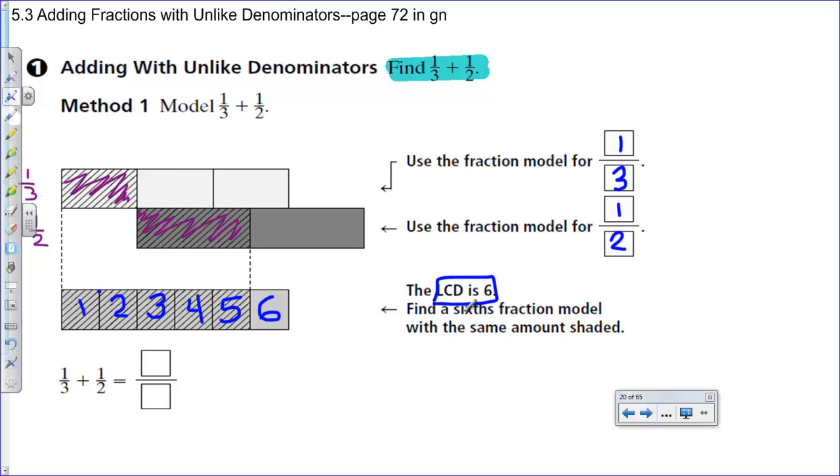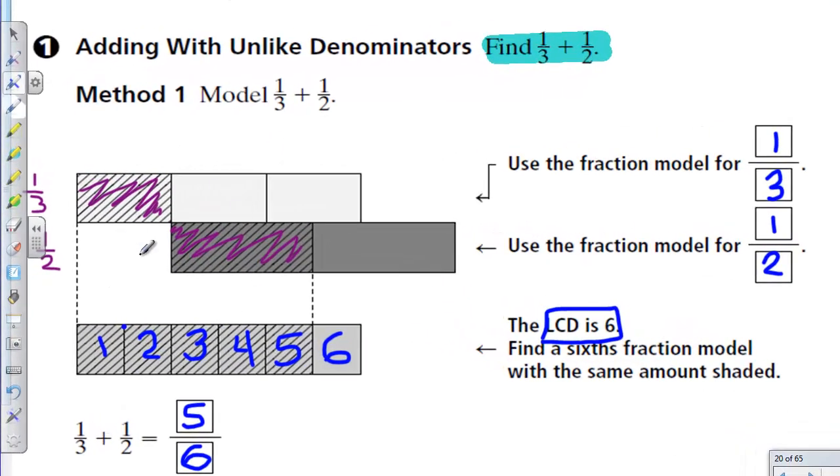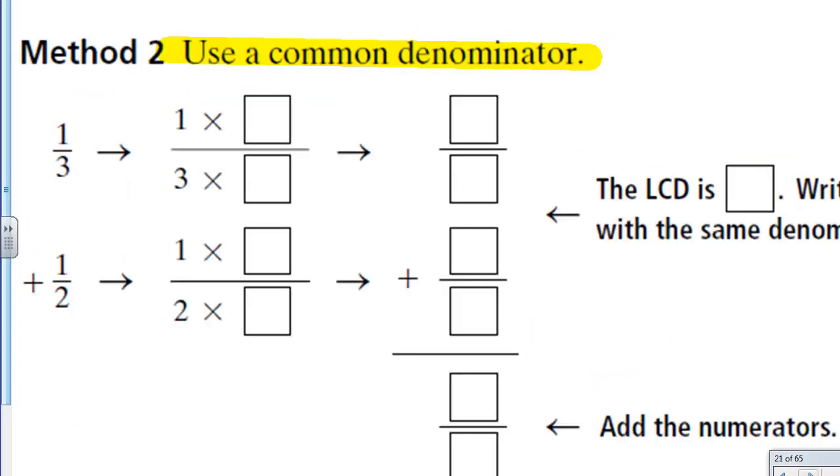Our LCD between 3 and 2 is 6. We know that from last chapter. So how much room is taken up with our shaded area? Well, 5 are shaded out of a total of 6. This is how we can visually understand what's happening when we're adding unlike denominators.